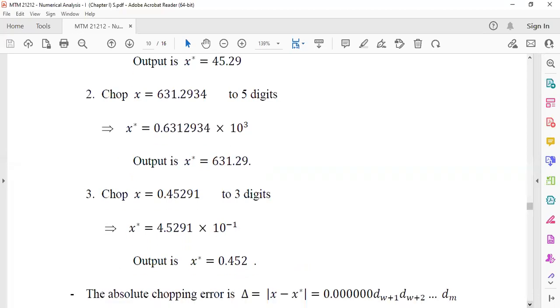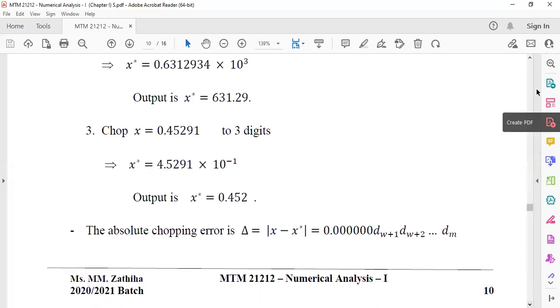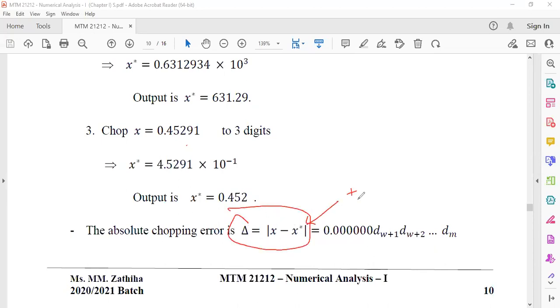Now this I have already explained. Anyway, the absolute chopping error delta is equal to this one. We have seen it yesterday also. So delta is the absolute error. Delta is equal to modulus of x minus x bar. The modulus, even though the difference is plus or minus, will give us a plus answer.